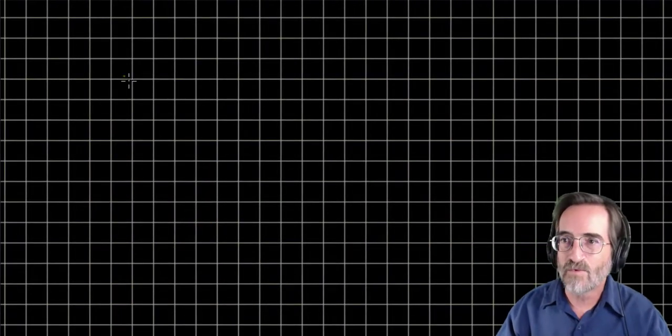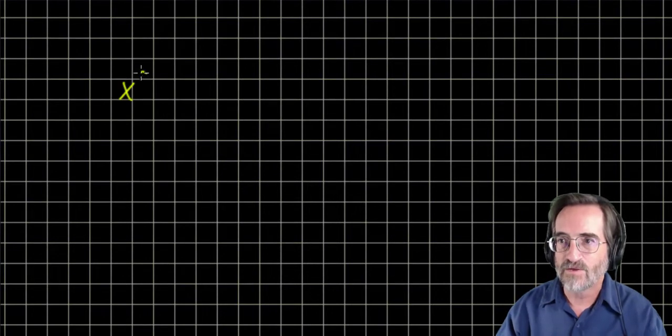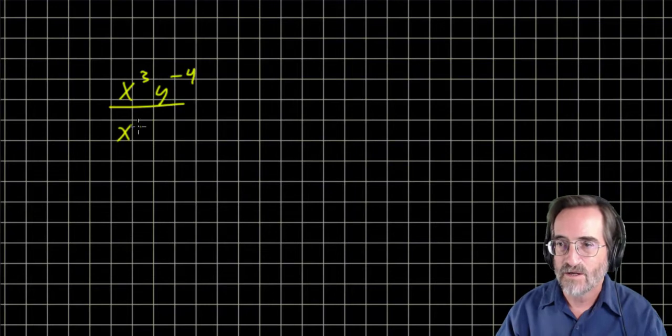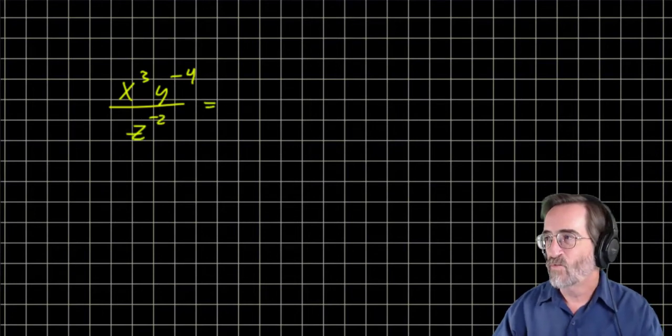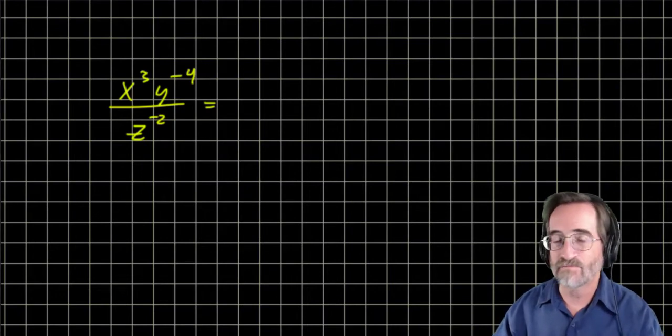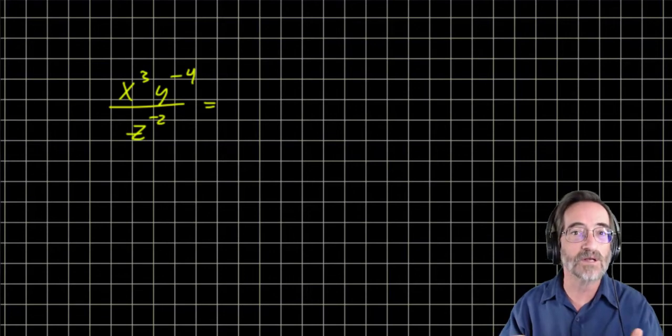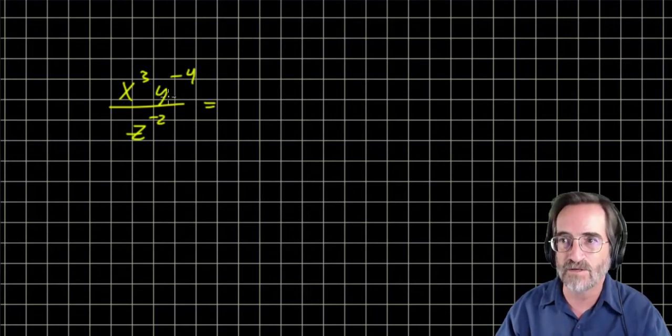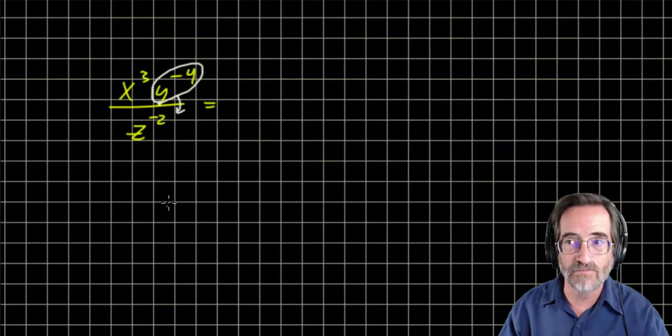Okay, so let's say we've got x to the third, y to the negative fourth, over z to the negative second. We have some negative exponents. We're going to use this rule. Remember, the rule says to change a negative exponent into a positive, move the base across the fraction bar. Y to the negative fourth is going to move across the fraction bar from the top to the bottom.